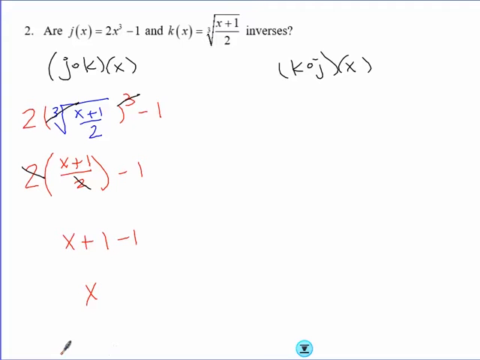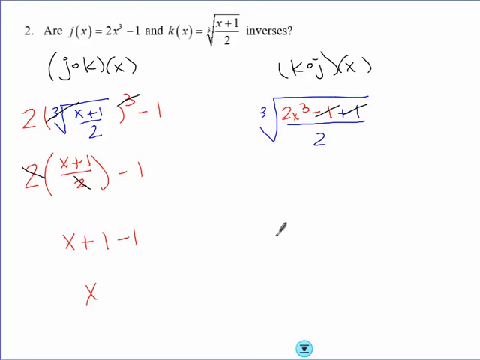Now we need to double check our other composition. I'm going to plug j of x into k of x. And I plug j of x in. Again, I need to watch my order of operations.